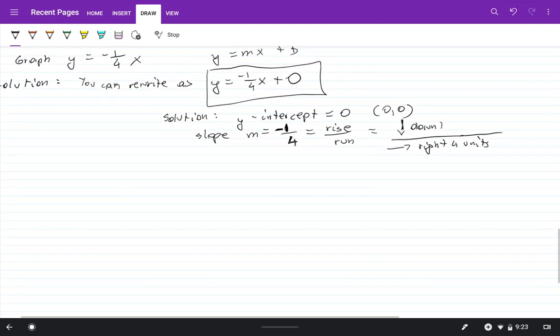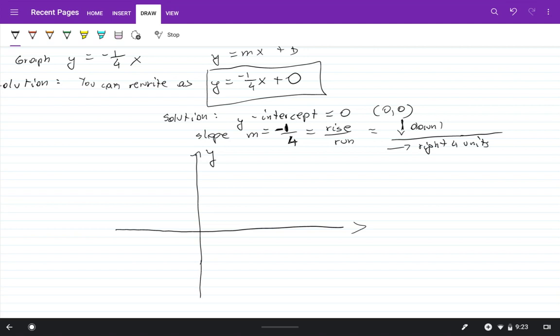Okay, so we're going to graph it, and when you're graphing, you always start with the y-intercept. So the y-intercept is (0, 0), right here, the origin, and now we're moving 1 unit down and 4 to the right: 1, 2, 3, 4.